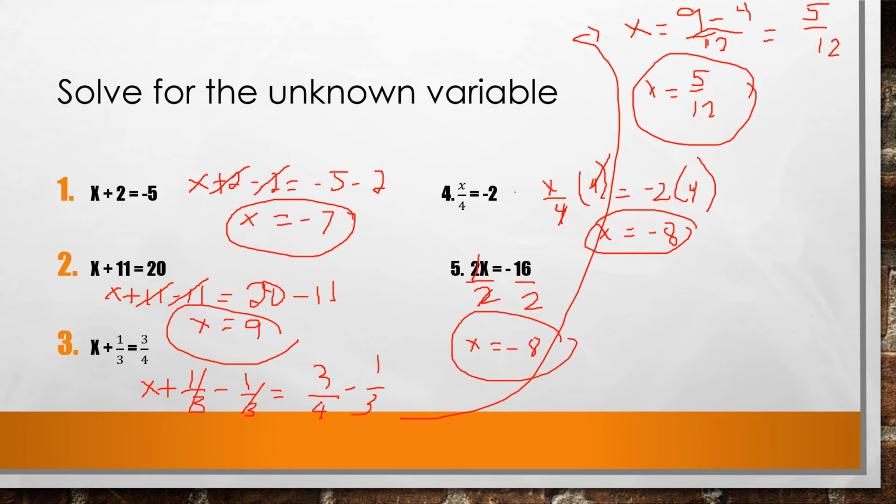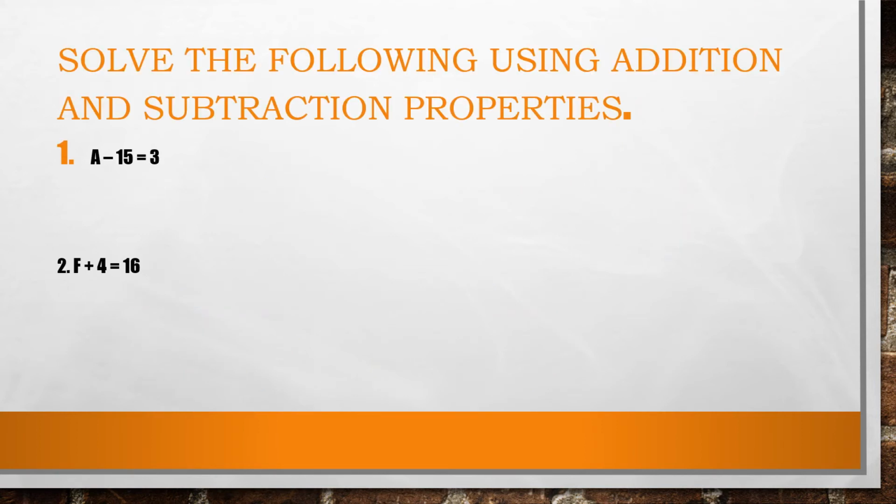Okay. Now, how about if we have long method? Okay, so let us solve the following using addition and subtraction properties. And after that, we need to check if our solution is correct. So using this, we need to add 15 both sides.